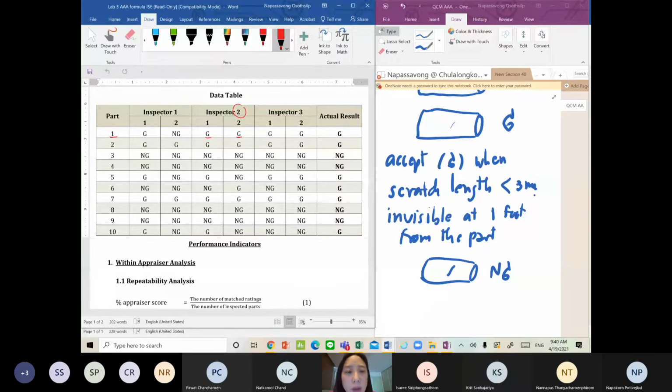Same result. Okay, so this is the first part, right, that this inspector gives the same result. How about the second part? Same result. Okay, so now you count 2 parts already, right? How about number 3? Same. Okay.